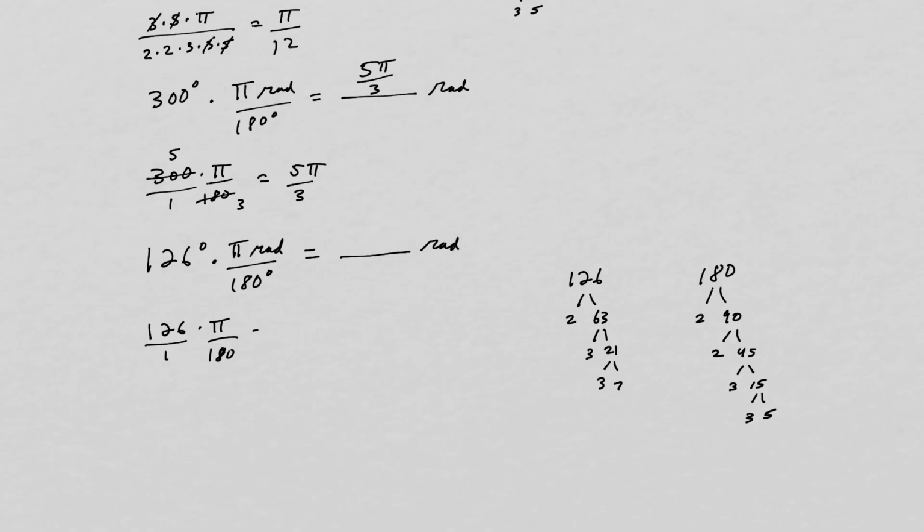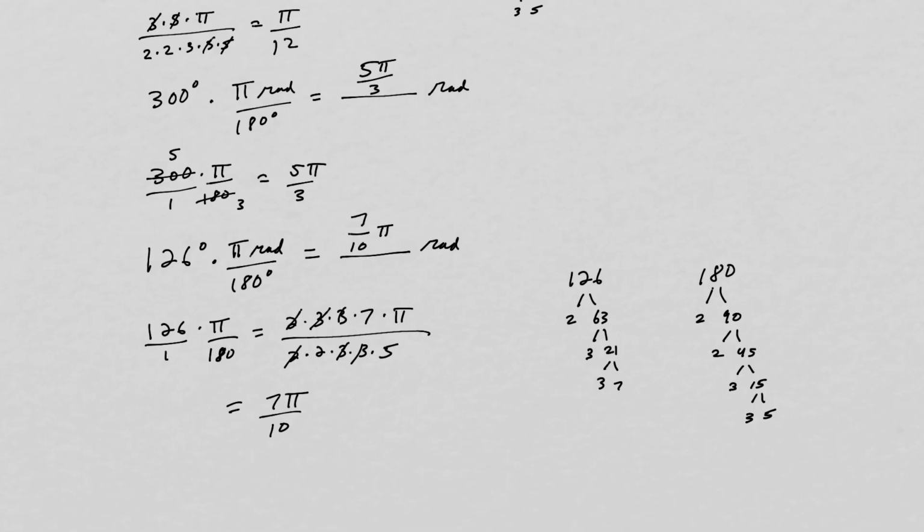So this is going to be 2 times 3 times 3 times 7 times pi over 2 times 2 times 3 times 3 times 5. So the 2's cancel, the 3's cancel, and I have 7 pi in the numerator and then 10 in the denominator. So it's 7/10 pi radians. So 126 degrees turns out to be 7/10 pi radians.